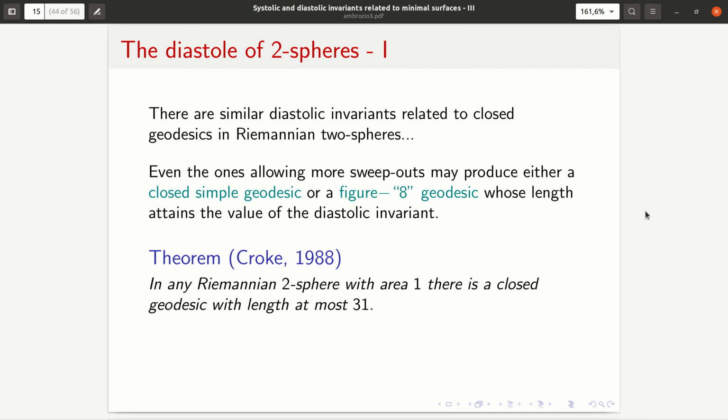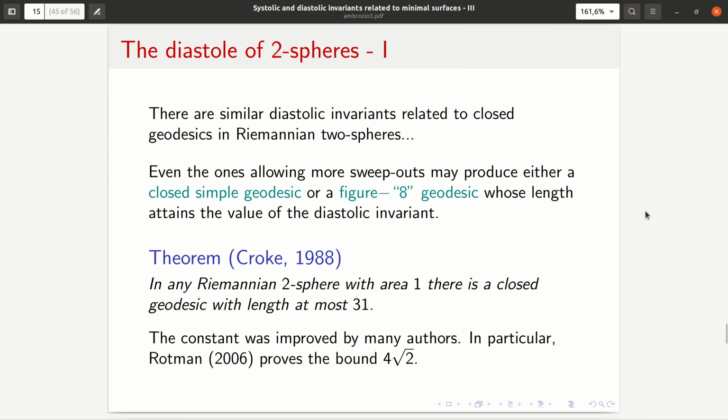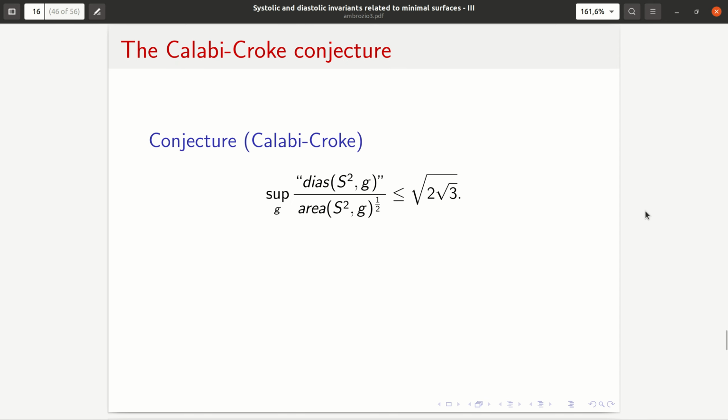Okay, the constant has been improved over the years by many authors, and if I'm not mistaken, the best constant so far was obtained by Regina Rotman, and she proved the bound 4 times square root of 2. It's still not known what the sharp constant is.